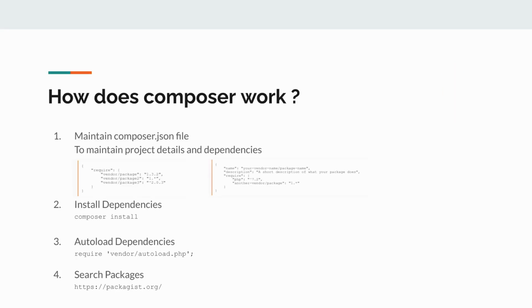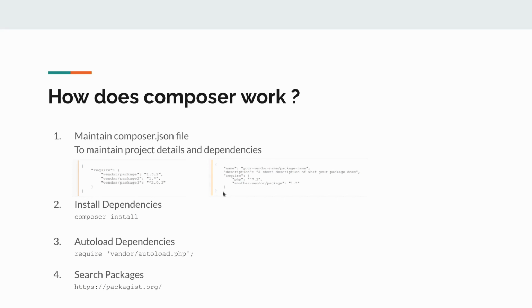And if we need to talk about how Composer works, it maintains a simple JSON file known as composer.json in your project's root directory, which has different nodes. For instance, the require node has all the packages' names and version details that your project requires as dependencies, and there are other nodes like name, description, and that sort of stuff, which tell you more about what the project is and who the author is.